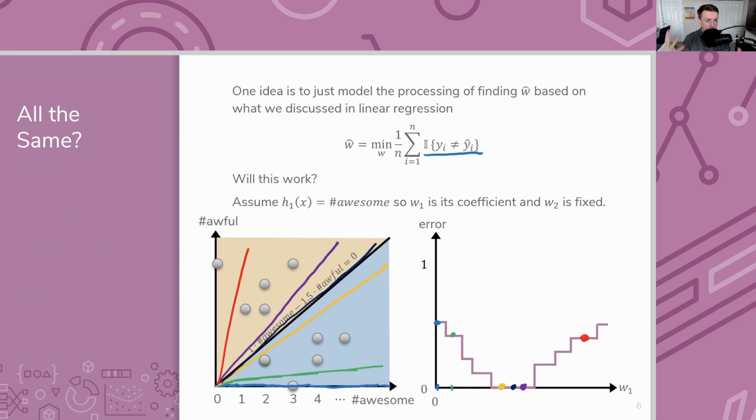If I imagine this process of calculating classification error for every possible line I could use, we'll end up seeing these jumps in the quality metric, where it jumps from one spot to another, and you end up with this kind of stepwise function. The reason for this is because an indicator function for whether or not you get it right or not is not continuous.